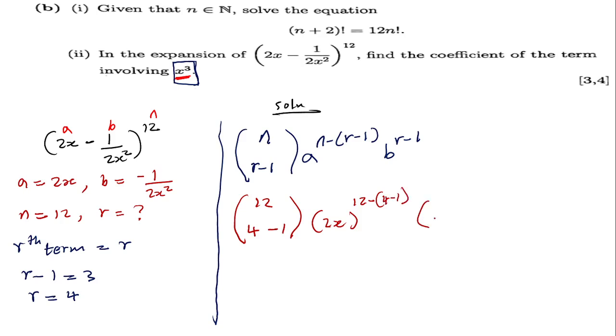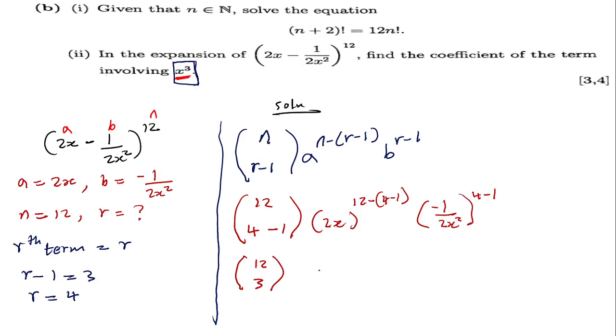Then your b is negative 1 over 2x squared, and then to the power r minus 1, which is 4 minus 1. Once we have that information, it's very easy for us to move to the next step, which is 12 combination 3, because 4 minus 1 is 3.